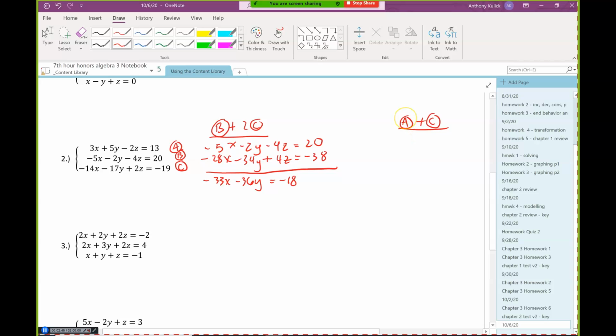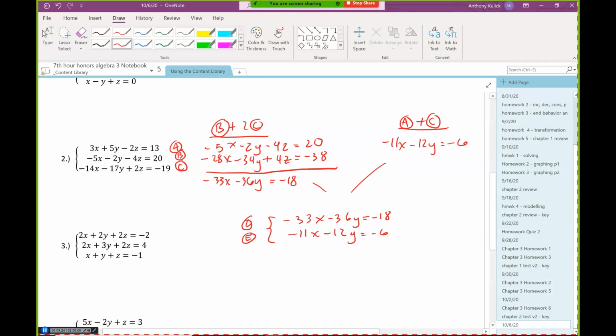And then A plus C, there's nothing to rewrite, so I'm just going to add those two together right from where they're at. Does that look okay to there, Amy? Okay. So if we put those together, we have this.